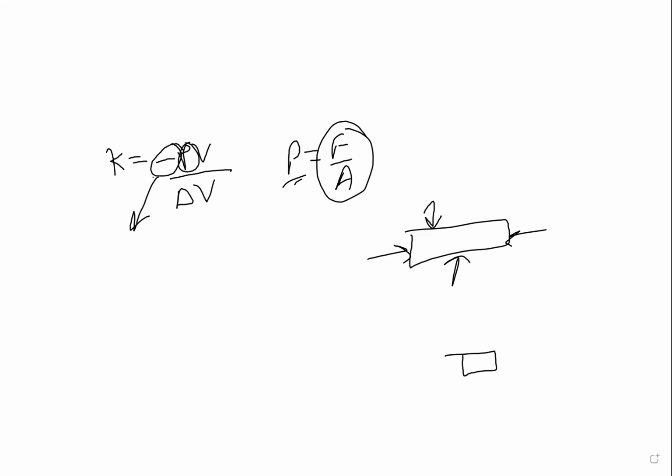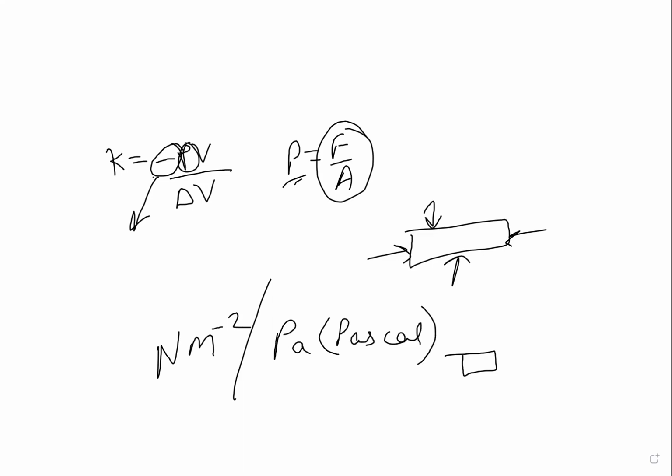In the next line, write down the SI unit of bulk modulus. Now what will be the SI unit? Newton per meter square. Why? Because it is again stress upon strain. Strain is unitless because it is volume upon volume, so the unit is the same as that of stress.